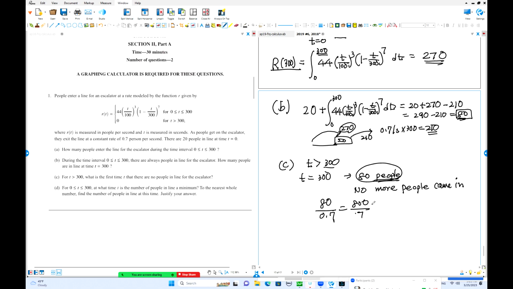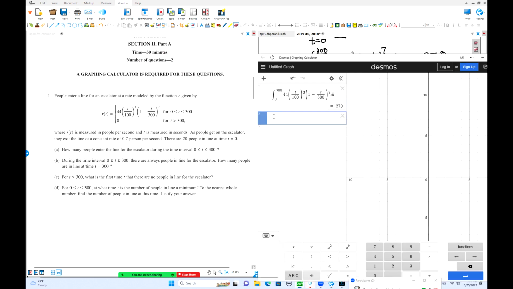We can use a calculator, okay? Just 80 divided by 0.7 people. It takes the time over here, right? 114 seconds. Or what time of t?